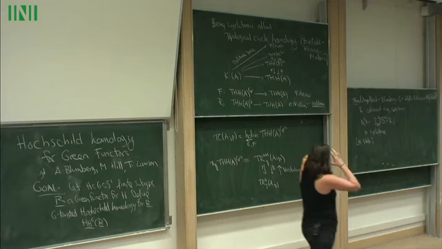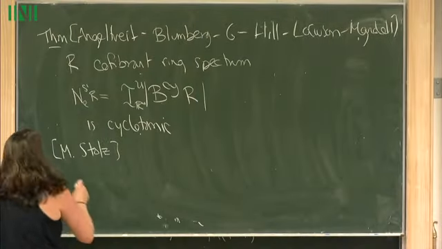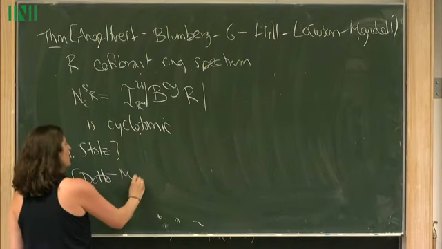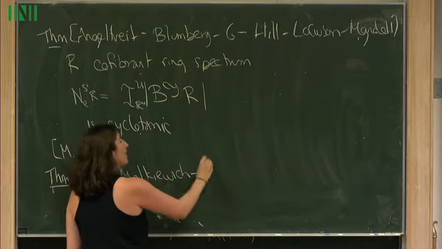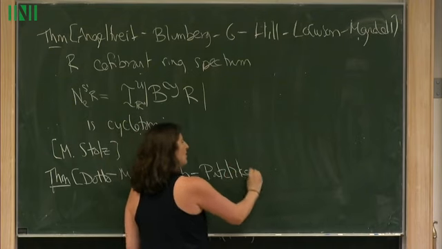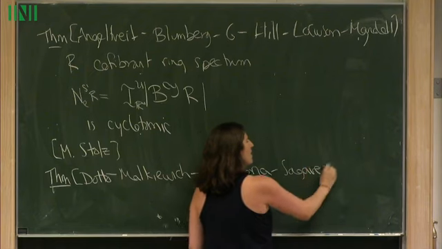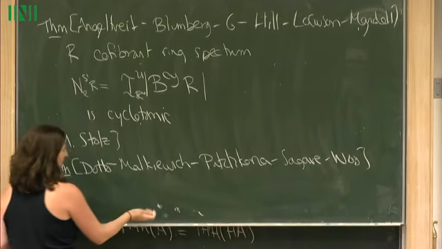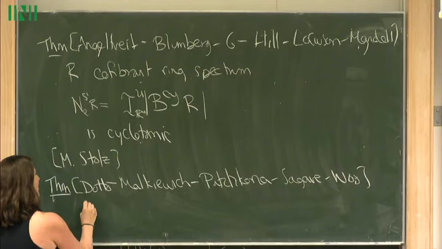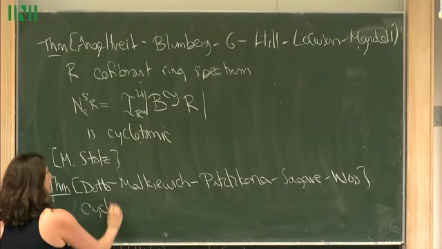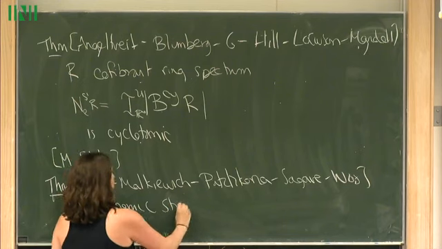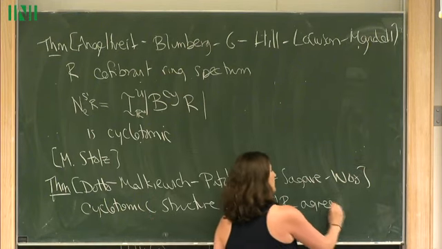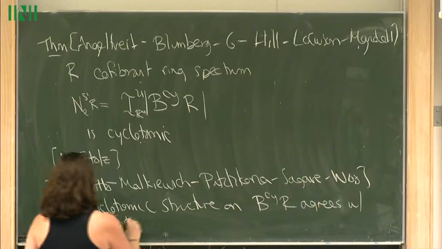Okay, so Martin Stolz did some similar work around the same time. And then in very recent work of Dotto, Malkiewich, Patchkoria, Sagave, and Wu, they show, and I'm going to say this in a sketchy way, that the cyclotomic structure on this cyclic bar construction definition agrees with Bökstedt's cyclotomic structure.